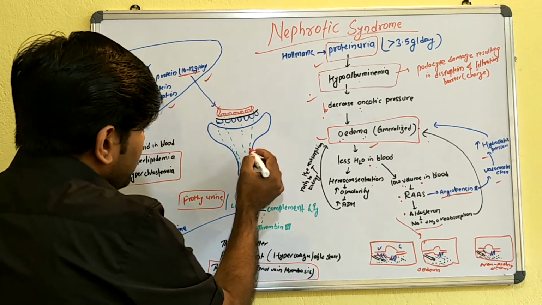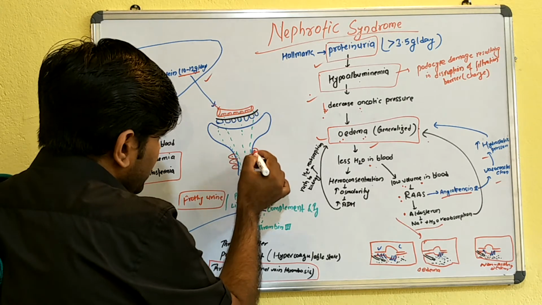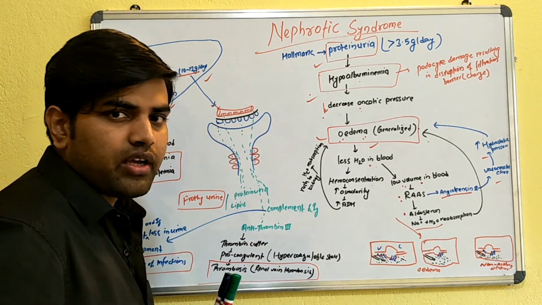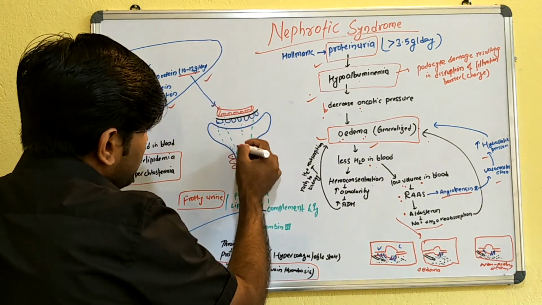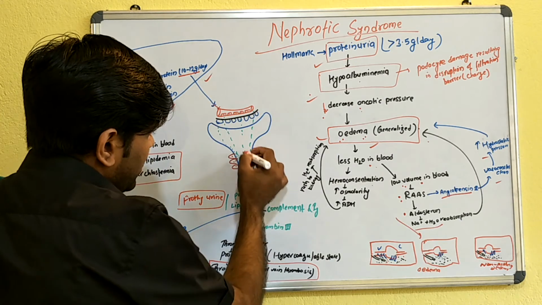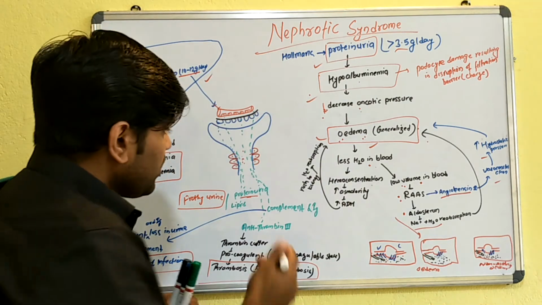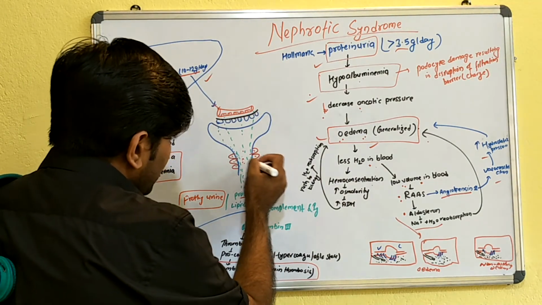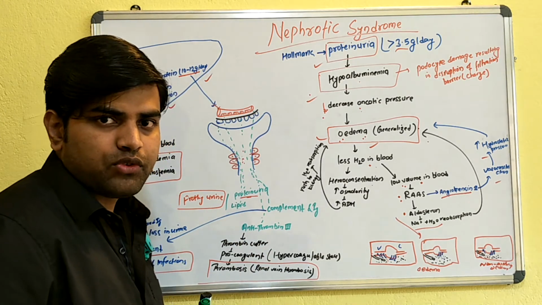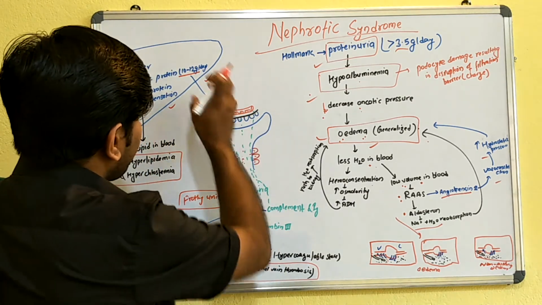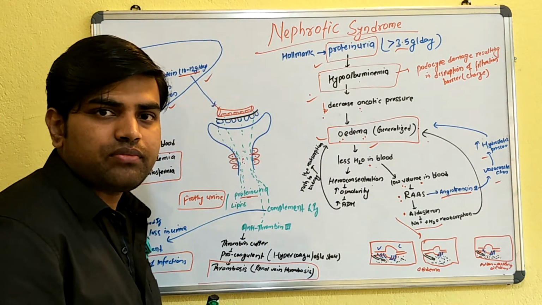Actually, the proximal convoluted cell eats up all this protein. So all the protein that has been produced is now leaking into your tubule, and that is the proteinuria we are talking about in the urine, but a lot of protein is taken up by the podocyte and damaged by the cells present in the proximal convoluted tubule. So even 8 to 10 gram is damaged by your PCT.